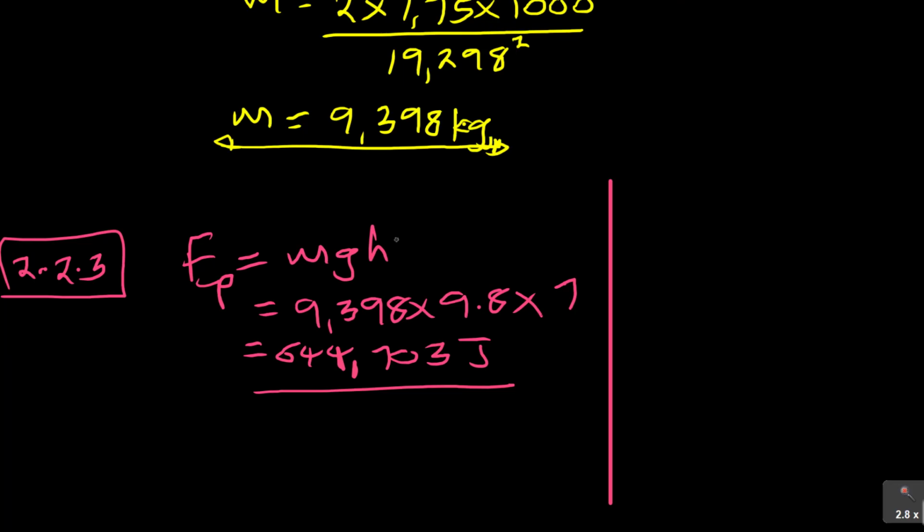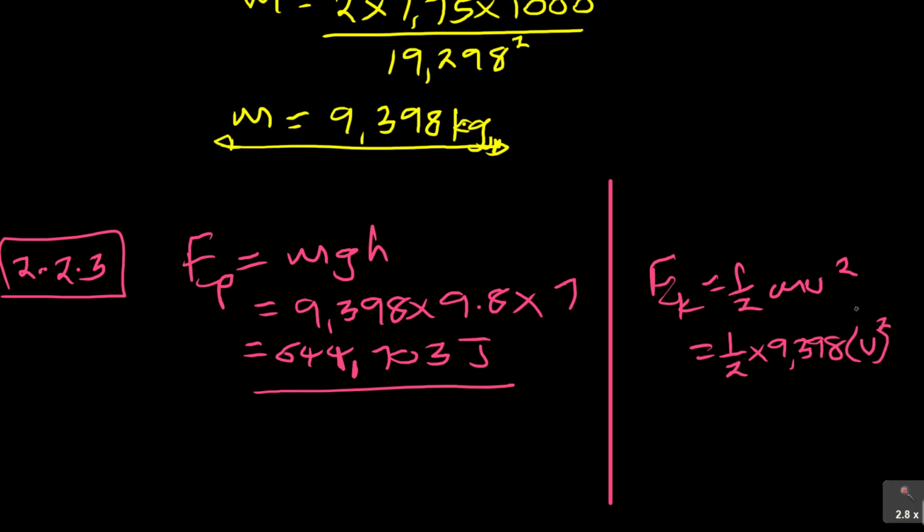You could have found actually here to say EK is equal to half mv squared. Now the kinetic energy gained, which is times 9.398, you need to find the velocity v here, and then you use that formula for velocity, which was v squared is equal to 2gh.